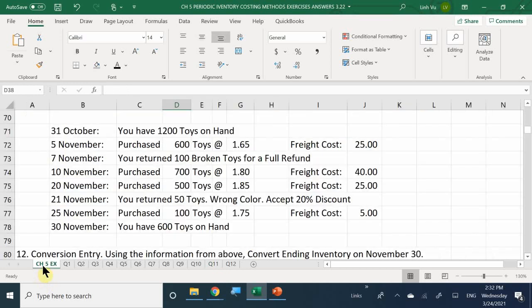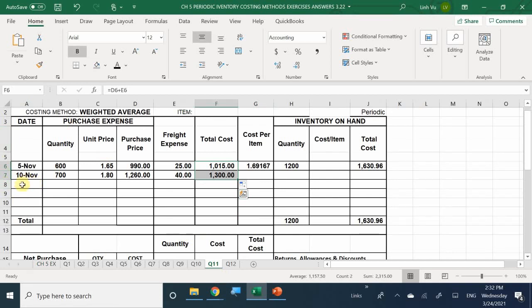So then what happened next on November 20th? Purchase 500 for $1.85. We purchased another 500 at $1.85 with a freight of 25.